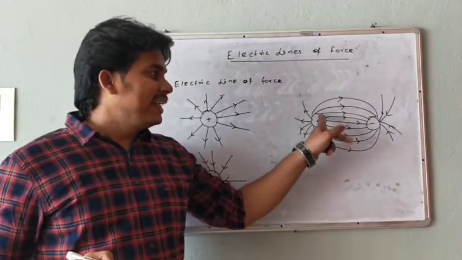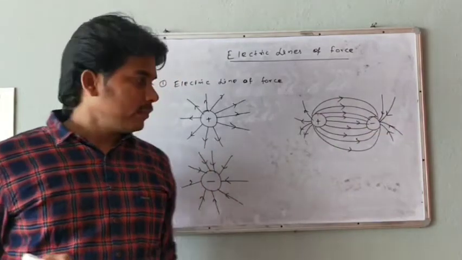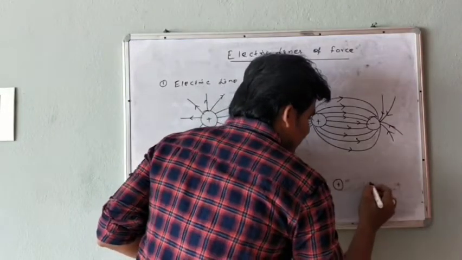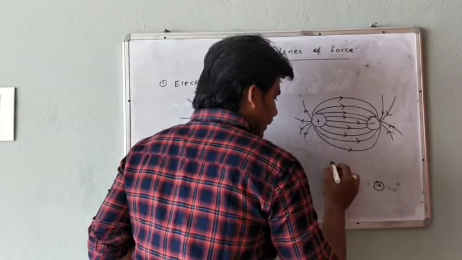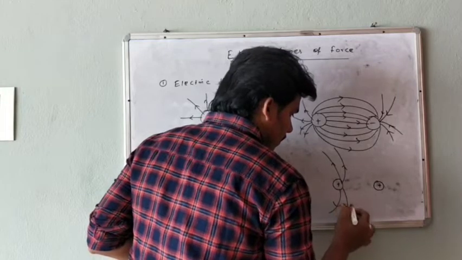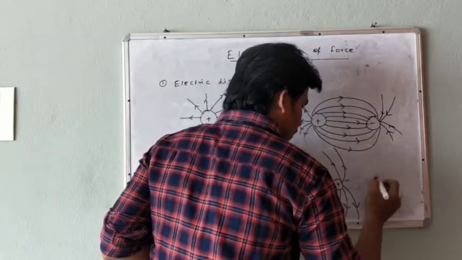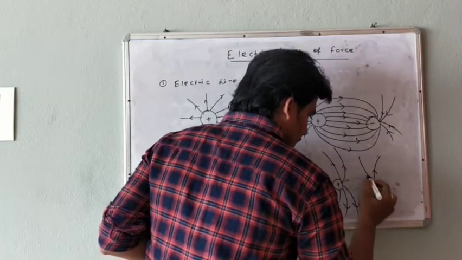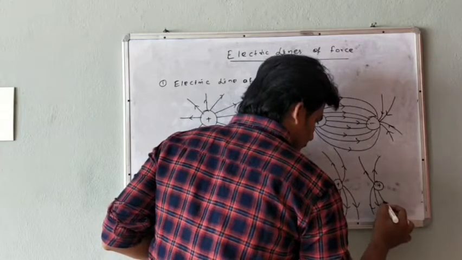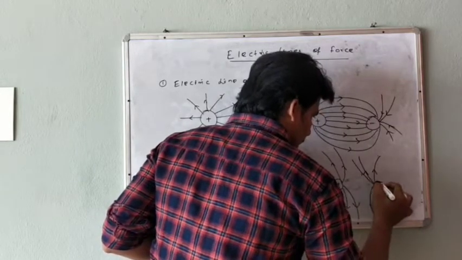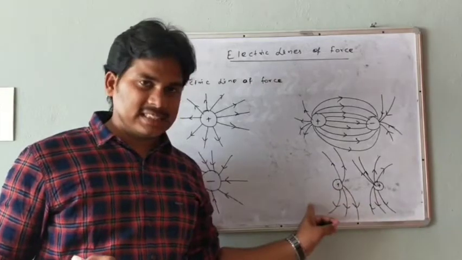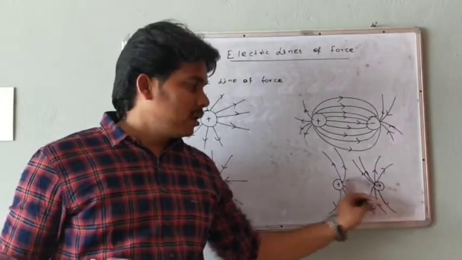This is when it contracts longitudinally, when the charges are opposite. When both are the same charge, both may be positive or both may be negative, the lines will contract laterally.